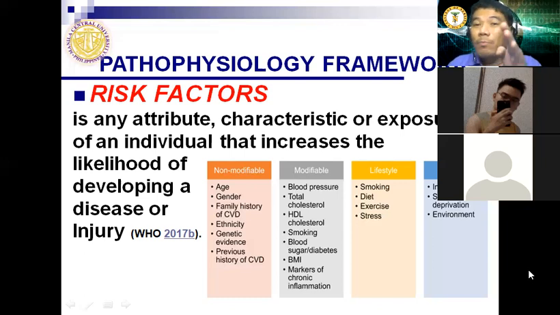Because of the client, this is my question to you. If you increase fat and cholesterol intake in the diet, will the frequency be a great factor in the development of cardiovascular disorder?